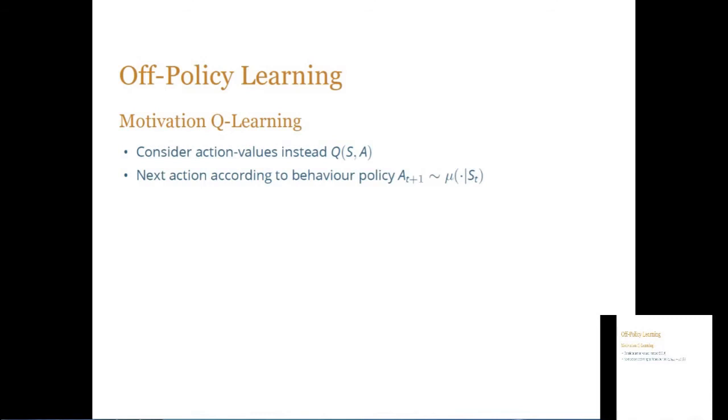Let's consider the behavior policy mu, and from this one we will draw an action, A_{t+1}. And then we're going to consider an alternative successor action, which would be drawn from pi. So here we have a state S_t, and we will consider two possible actions: the one from our behavior policy, mu, and the one from our target policy that we are trying to learn. And this is A prime.